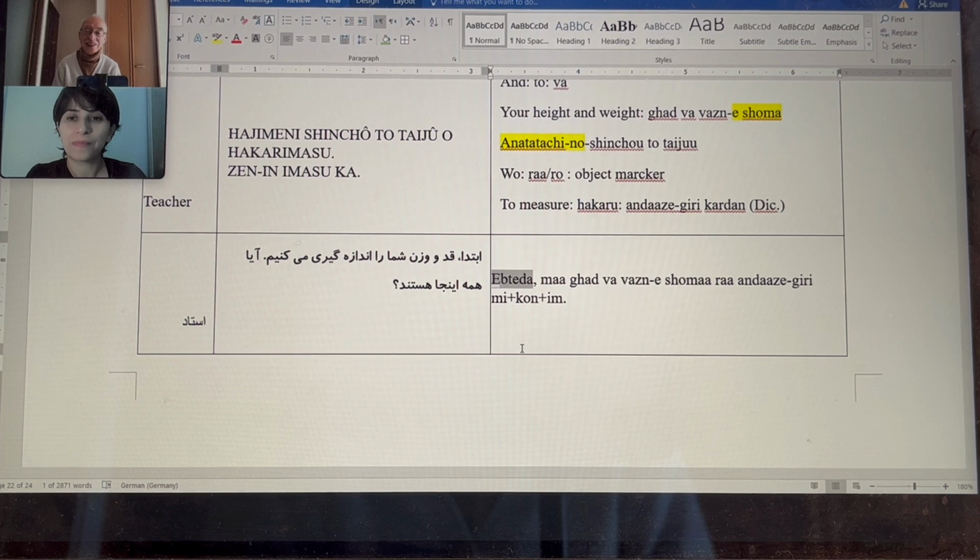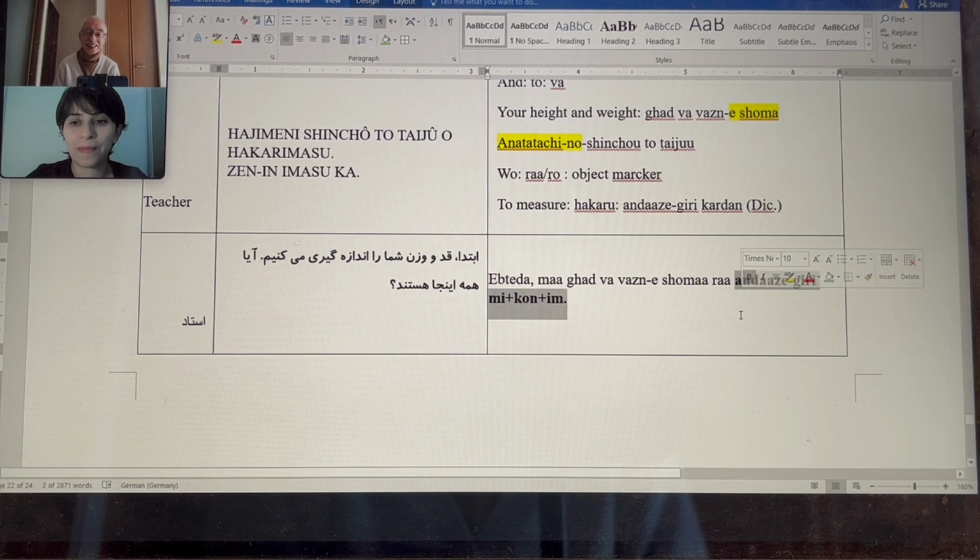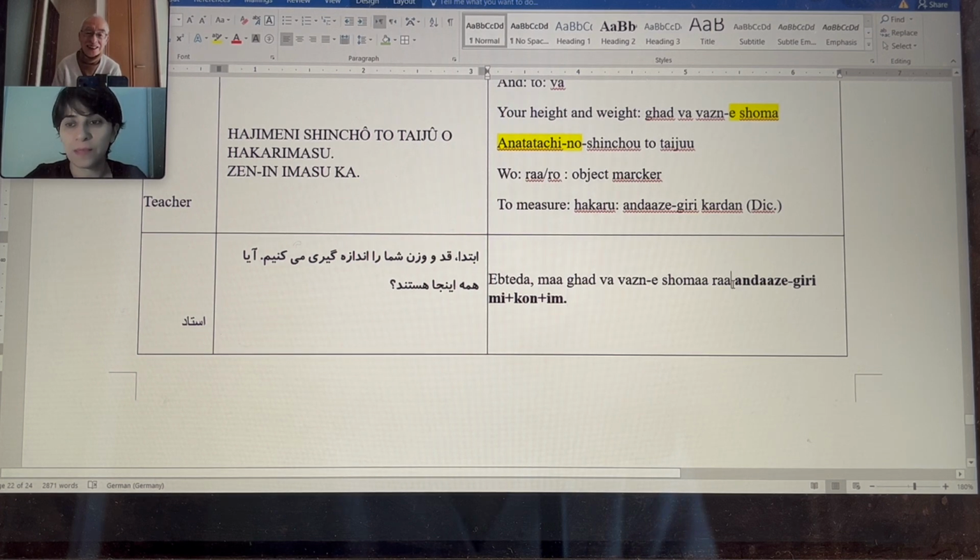Ra, I forgot. Ra, object marker. Andaze giri mikonim, to measure. It is the present tense, right?